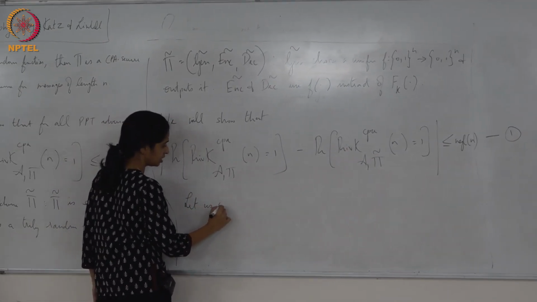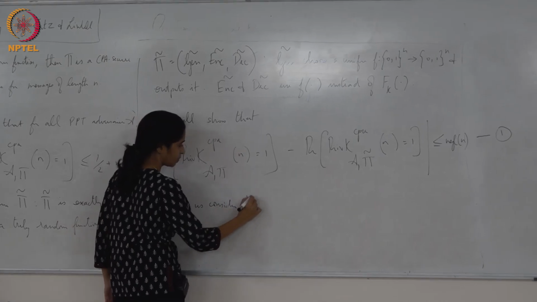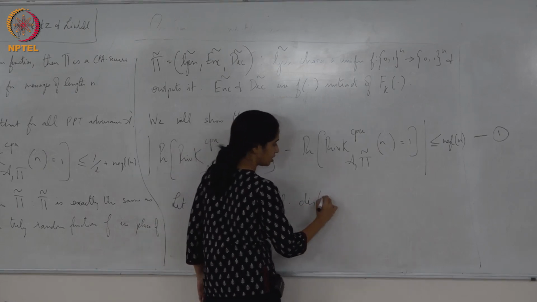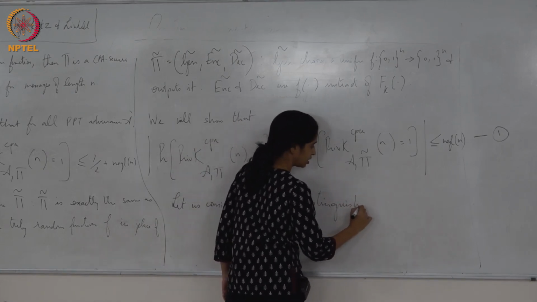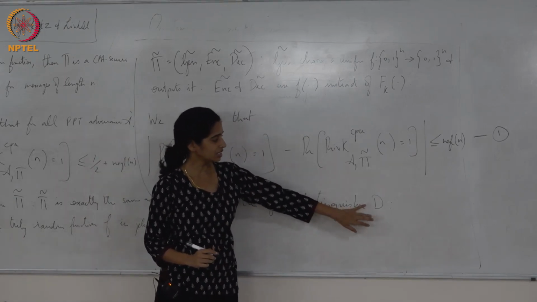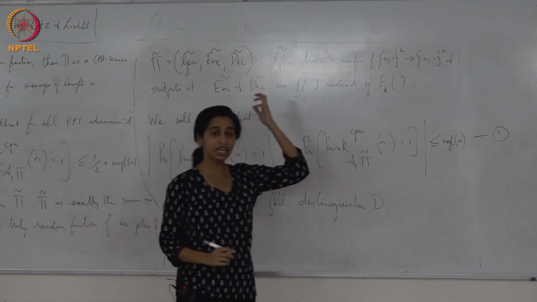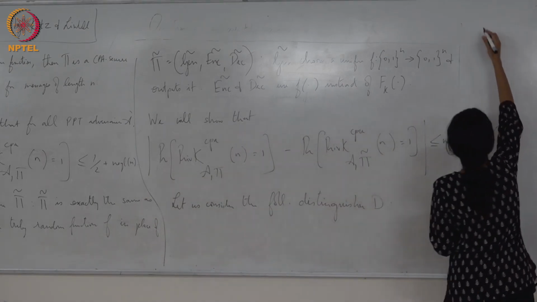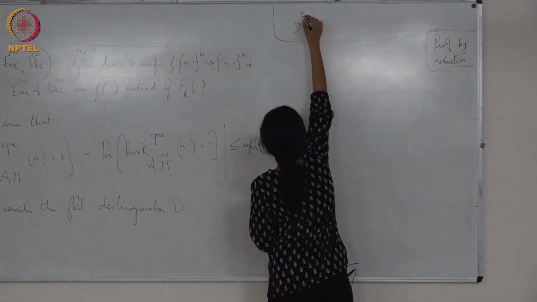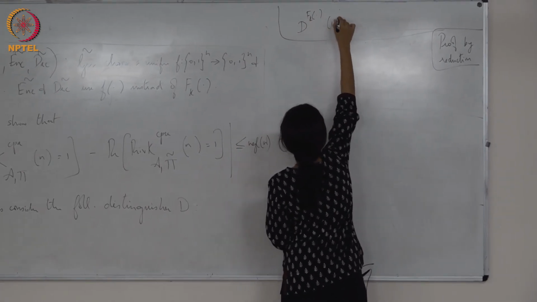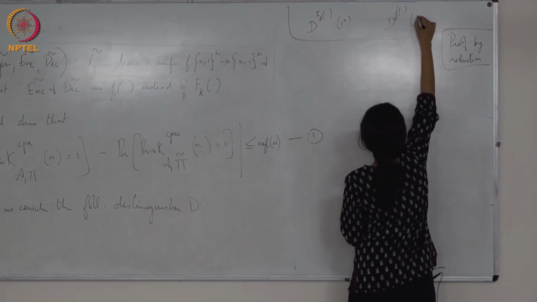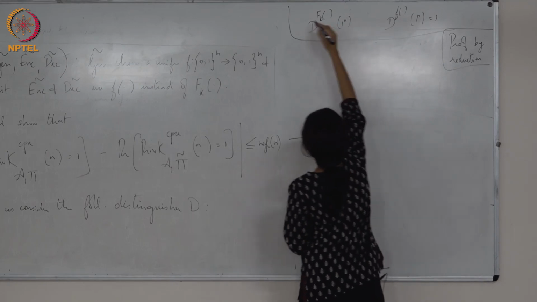Okay, so let us consider the following distinguisher D. This distinguisher D is taking part in the PRF definition, right? In the PRF definition, if you recall, D had access to either Fk or a truly random function f.